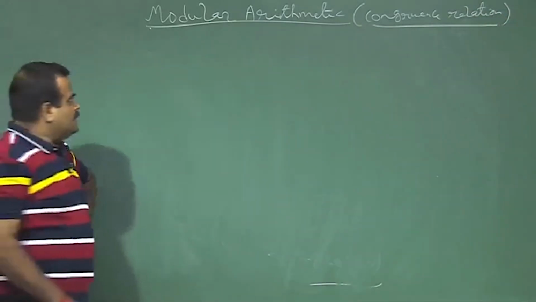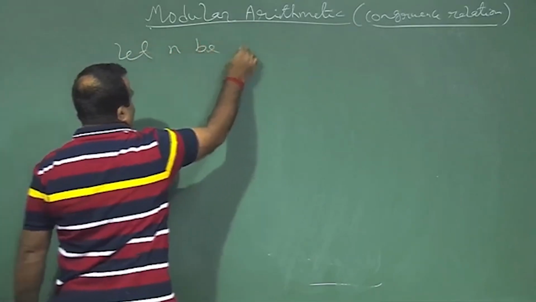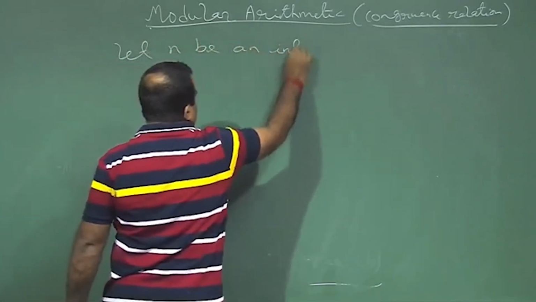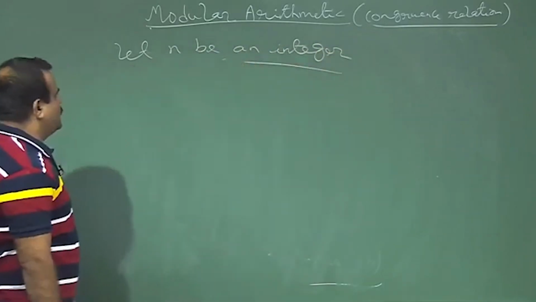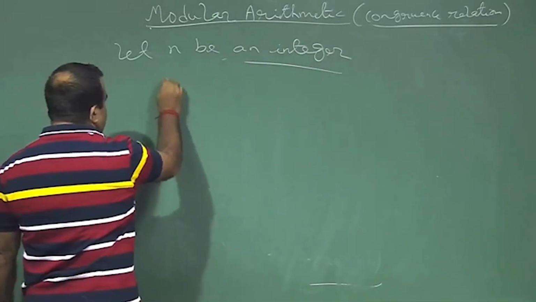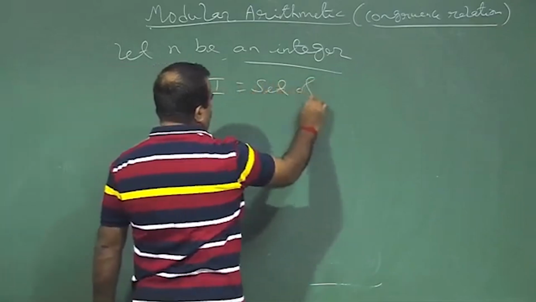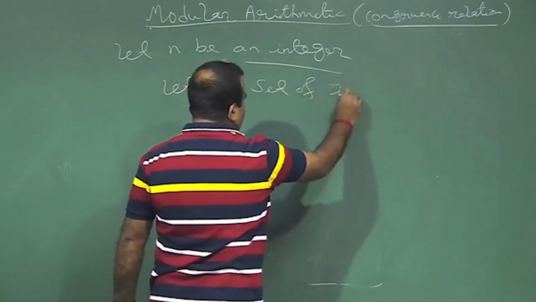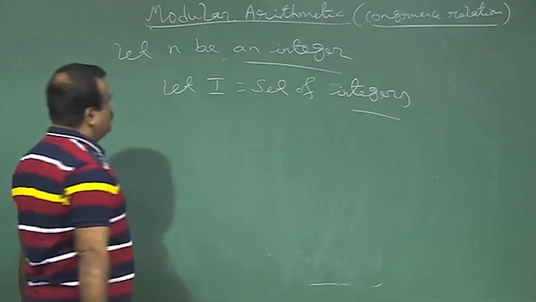Okay, let us take an integer n. Let n be an integer. It could be positive, it could be negative. And let I be the set of all possible integers. This is the set of integers, which we denote by capital I.